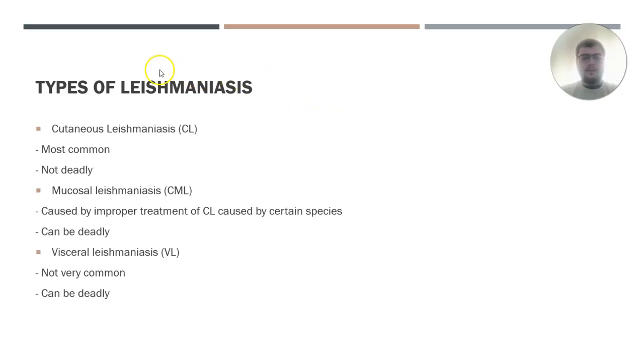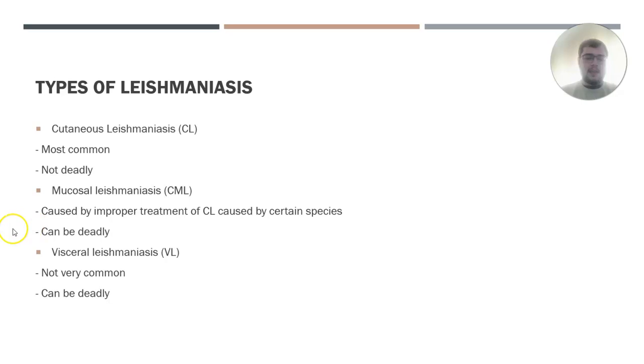And then we have three types of leishmaniasis. You have cutaneous leishmaniasis. It's the most common, and generally it's not deadly, just it can cause high morbidity. And then you have mucosal leishmaniasis, which is caused by improper treatment of certain species of the Leishmania that can cause cutaneous.